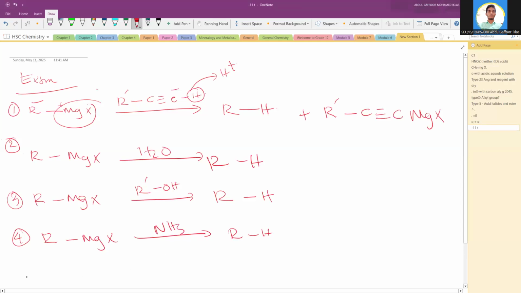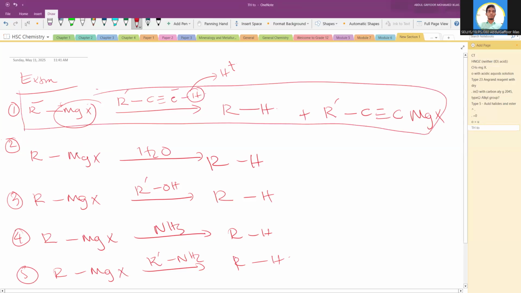Again, the fifth one, R MgX, if you put R dash NH2, again we will get RH. This is just for your knowledge, but you have to understand how the first reaction happens. If you have a Grignard reagent, in order to replace MgX with hydrogen, you can use either water, alcohol, ammonia, or RNH2.